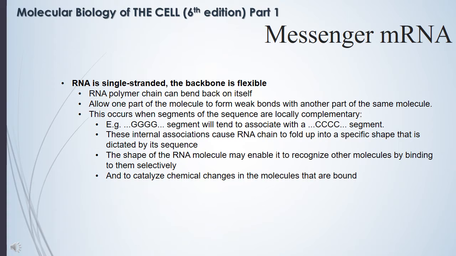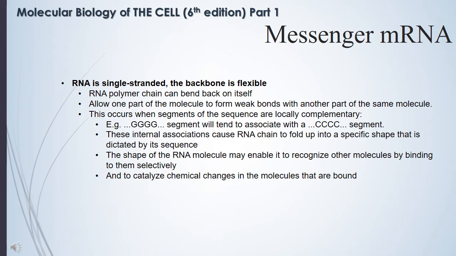So what is a messenger RNA? It is basically a single-stranded polymer molecule. Being single-stranded, it can be very flexible compared to DNA, and therefore it can form weak bonds with itself.